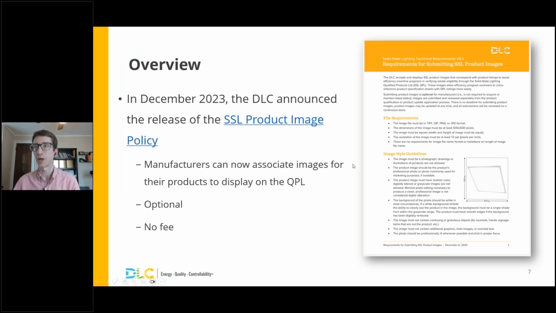So if a single model number is listed with multiple colors for the exterior, you could have one representative image for that product. Model numbers listed on the QPL can include various non-performance affecting options, and so these images are representative of that model number.